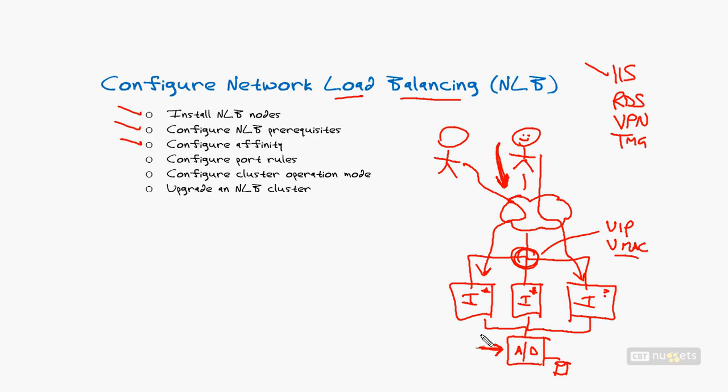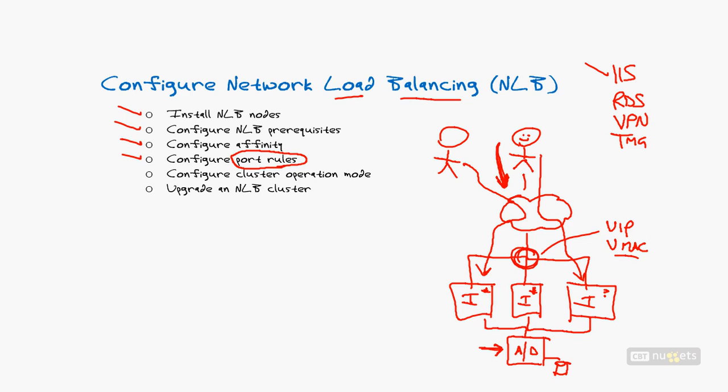I've told you also that NLB is designed primarily for IIS, but you can also implement it for other solutions as well, like RDS, like TMG, and so on. While you're going to see a lot of stuff that has to do with IIS, you actually have to define which ports you're interested in load balancing. You're generally not going to find yourself load balancing every single TCP or UDP port on a server.